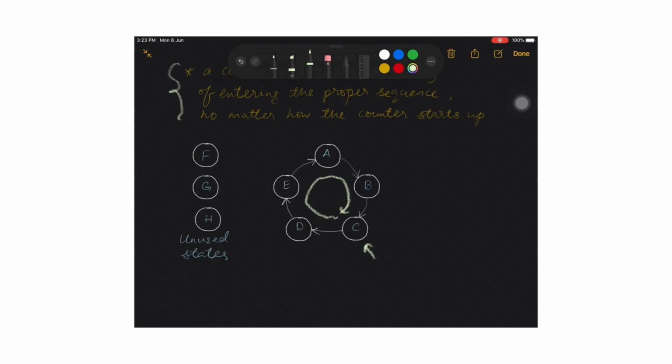But what if the initial state is one of the unused states? How do we ensure that it will eventually transition to a used state and enter the correct sequence? The answer is that this can be done by the so-called reverse engineering technique.